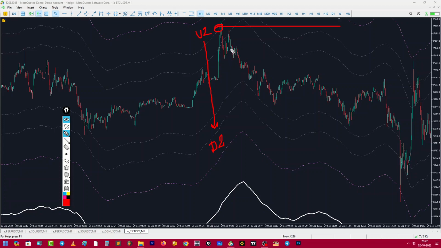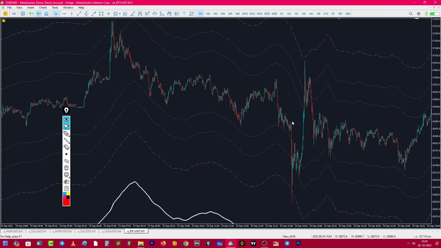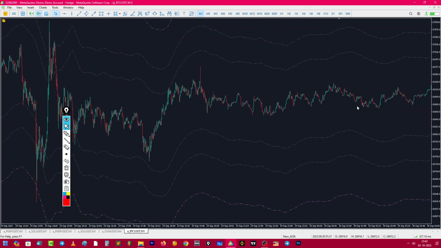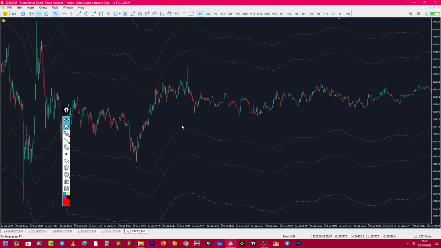As you can see, in this area price goes up and down, but as soon as it touches this D2 line, price jumps heavily. Okay, so this is the way this actually works, and you can take a back test of this chart. And this is just a Bitcoin chart, but I am going to show you on the gold chart as well.